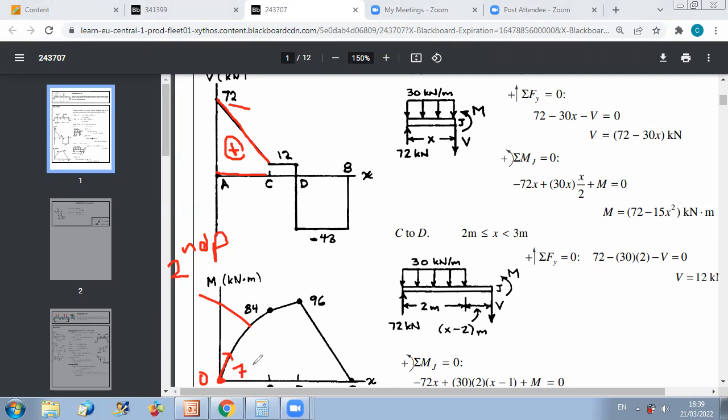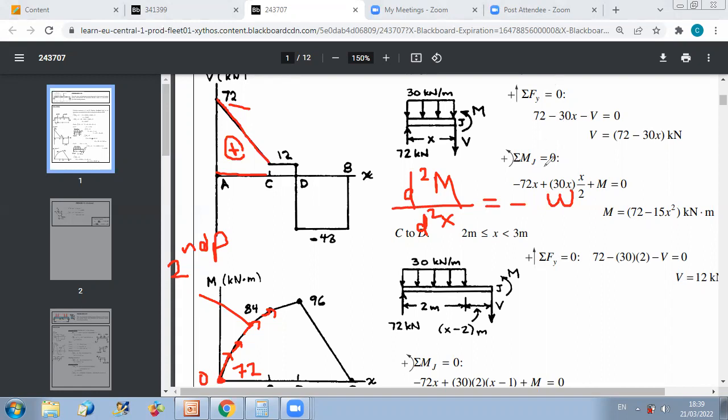Now, since V is decreasing gradually, the slope will decrease. This will give me a downward concavity for the bending moment. And also you can verify that I have downward concavity because V represents the first derivative of M, so the second derivative of M is minus W, okay?